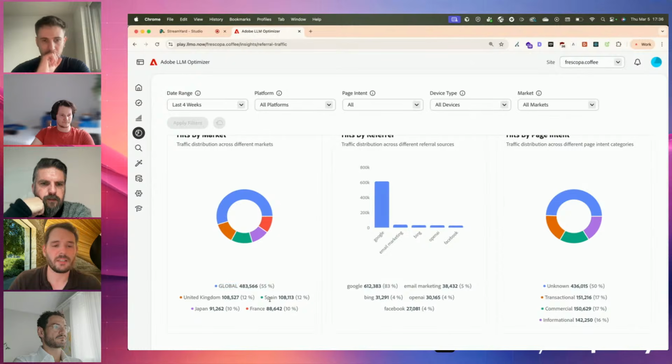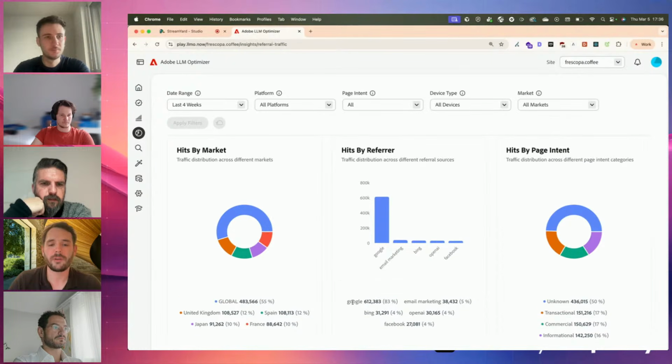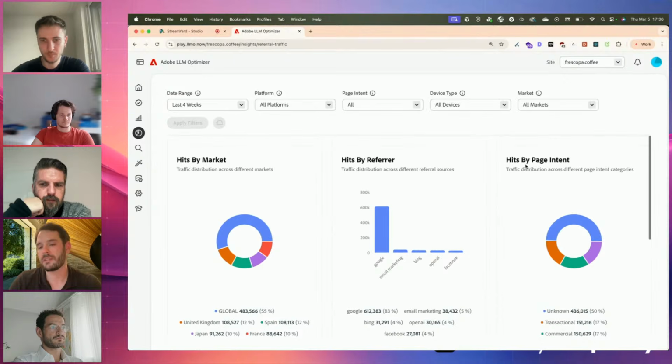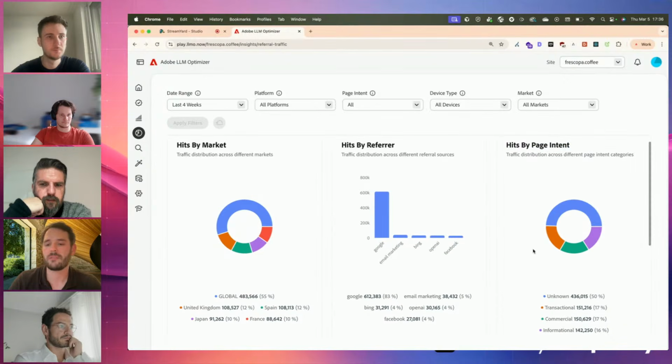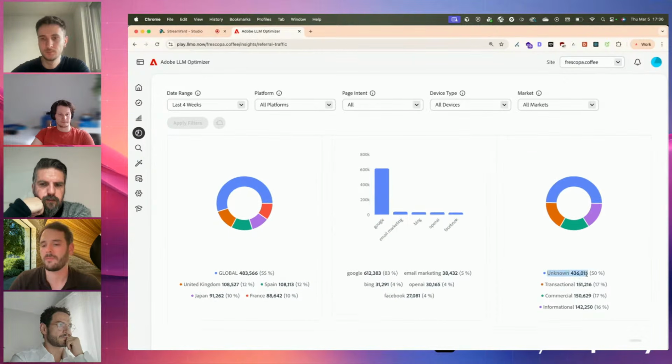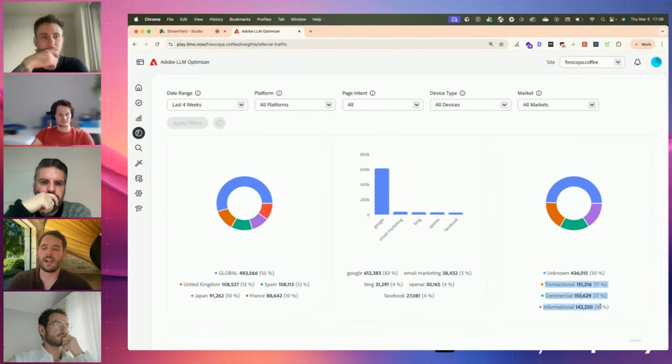We have United Kingdom, so you can see it by country. You can see it by type of referrer, so we have a bunch from Google. We have OpenAI there, which would be 4% for this account. And we also have things like by page intent. Usually we have way less unknown. We identify what type of page you're getting visits to: transactional, commercial, informational.